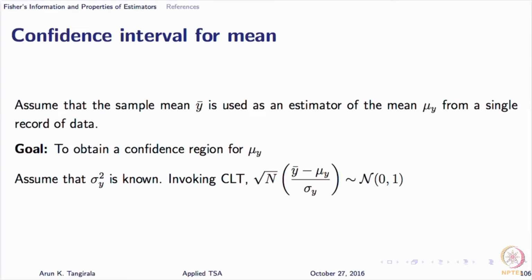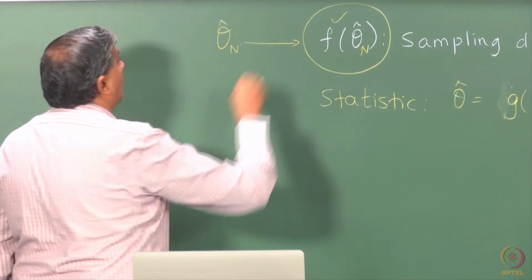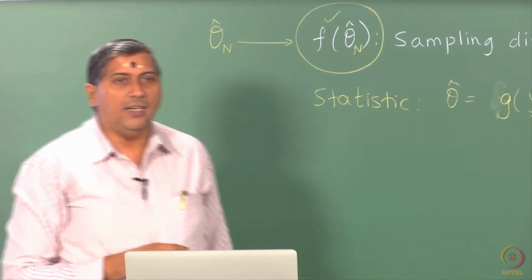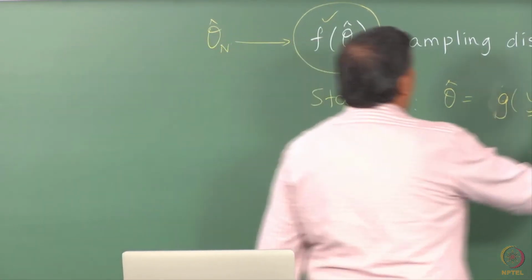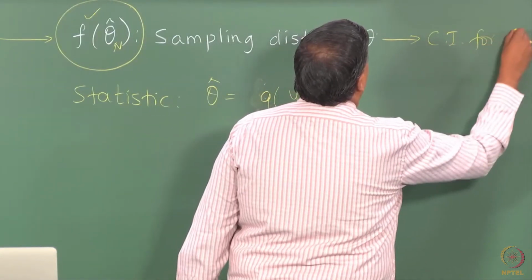So, let us go through this simple example of constructing the confidence interval for the mean when you are using the sample mean as an estimator. Remember, the confidence region depends on f of theta hat, which in turn depends on theta hat itself. So, this is your starting point from where you would construct f of theta hat, and from where you would actually construct confidence intervals for theta.